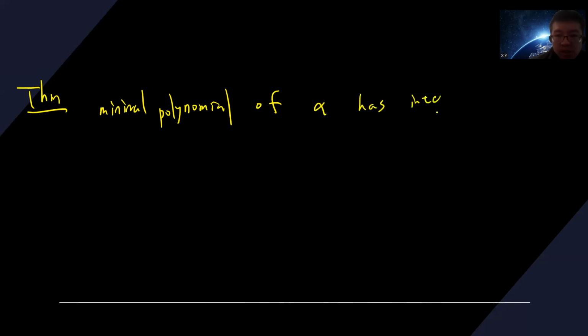So this theorem says that the minimum polynomial of alpha has integer coefficients if and only if alpha is an algebraic integer.